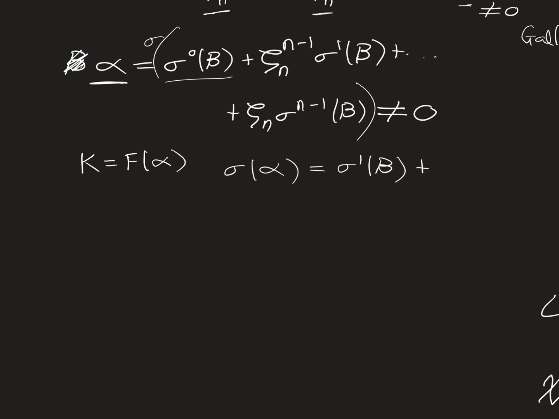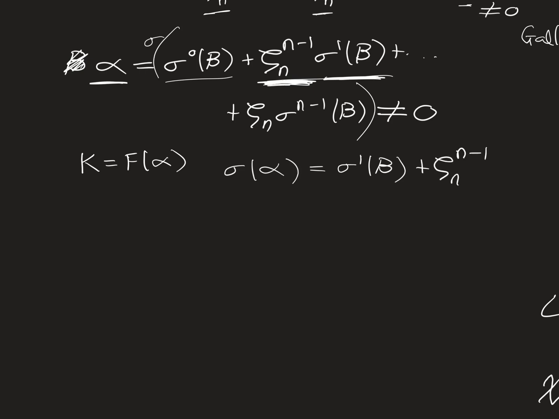Now, if I act it on the second term here, it's going to be plus sigma acting on the second term. So this splits into sigma of this power of zeta n, times sigma of this bit. Now zeta n is in the base field, so therefore it's fixed by all of the elements of the Galois group. And zeta n to the power of n minus 1 is also in the base field, so it's fixed by all the elements of the Galois group. So I can pull that out, so it's unchanged.